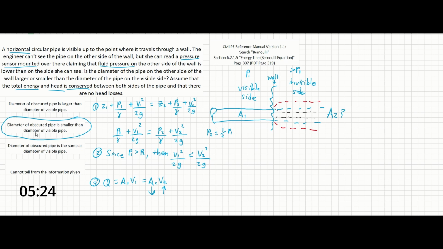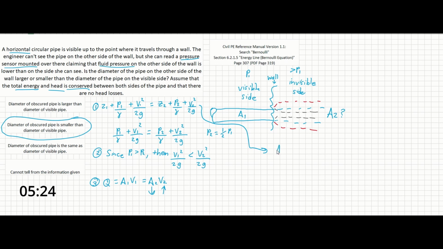So that's all it takes to solve this problem, is an understanding of Bernoulli. If you want, we can also just look at this by plugging in real numbers if you're the kind of person who has trouble thinking about this just in terms of symbols. So let's come up with some random numbers here. We're going to take this first equation again, and we're going to start applying values to it.